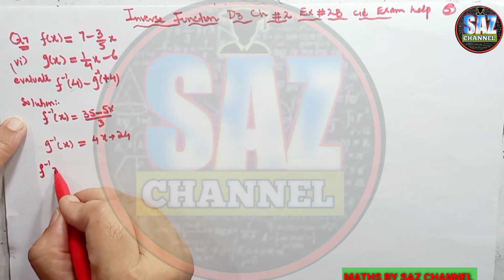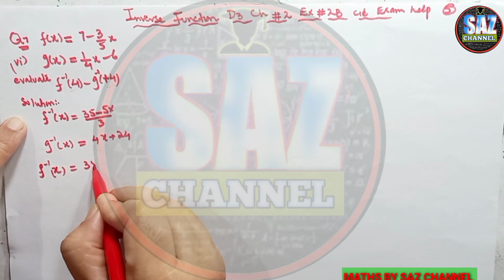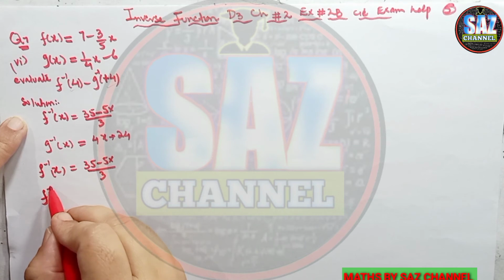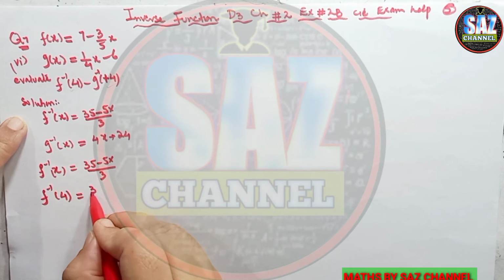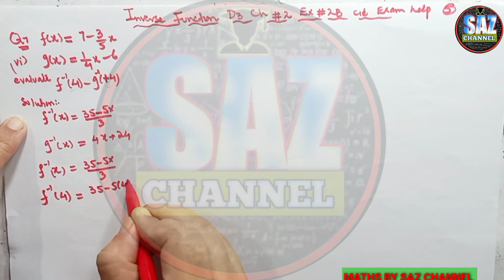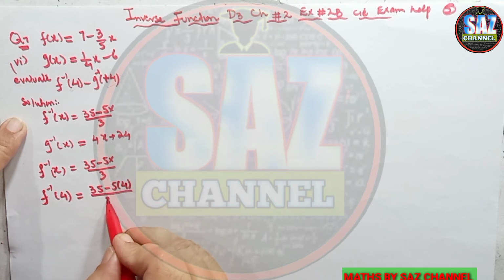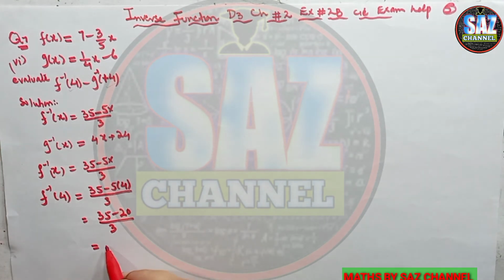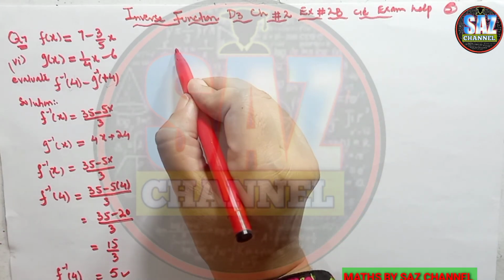So f inverse of 4 is 35 minus 5 times 4, which gives me 35 minus 20 by 3, which is equal to 15 by 3. 3 5s are 15. f inverse of 4 is 5.